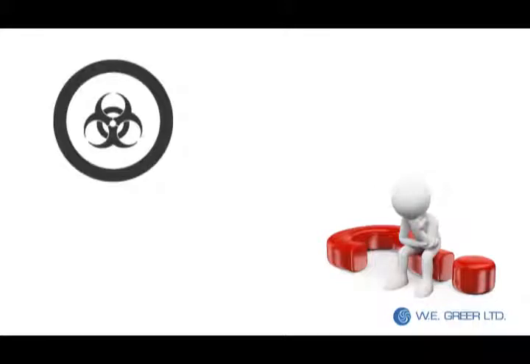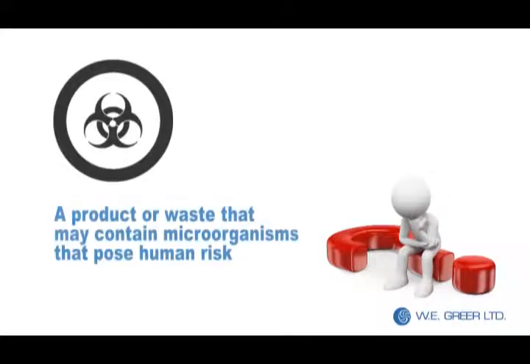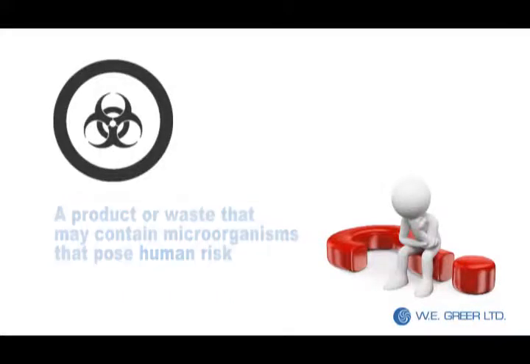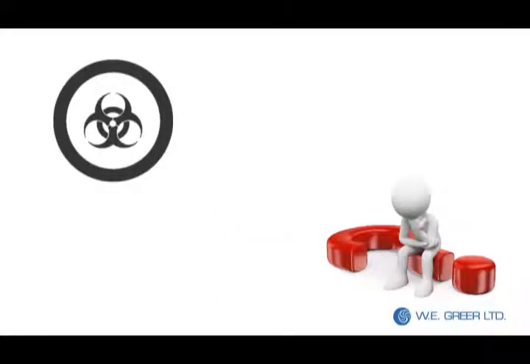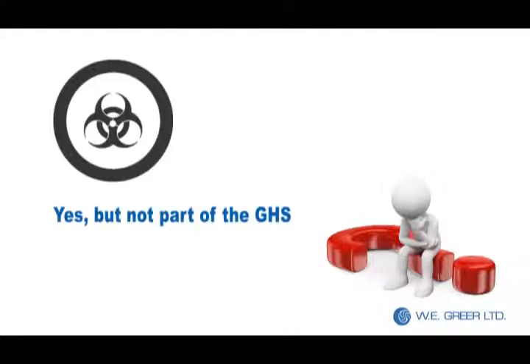How about this symbol? A product or waste that may contain microorganisms that pose a risk to human health. Is the biohazard symbol part of WHMIS 2015? Yes, but it is not part of the Globally Harmonized System, so it uses the WHMIS 1988 style symbol.